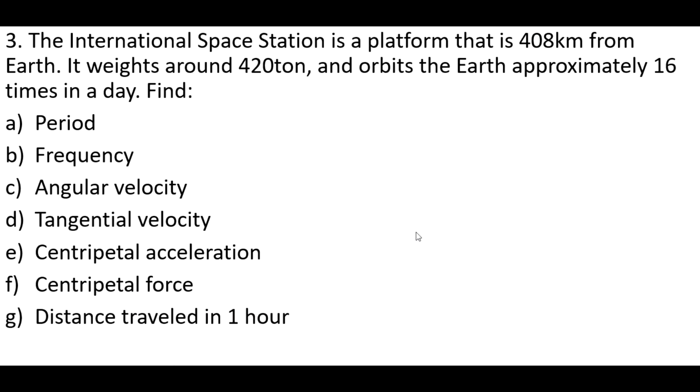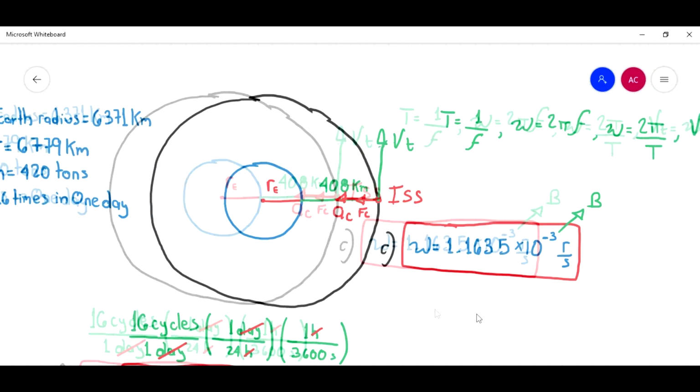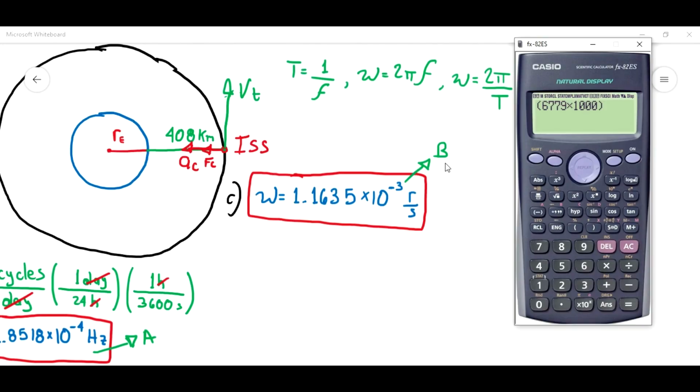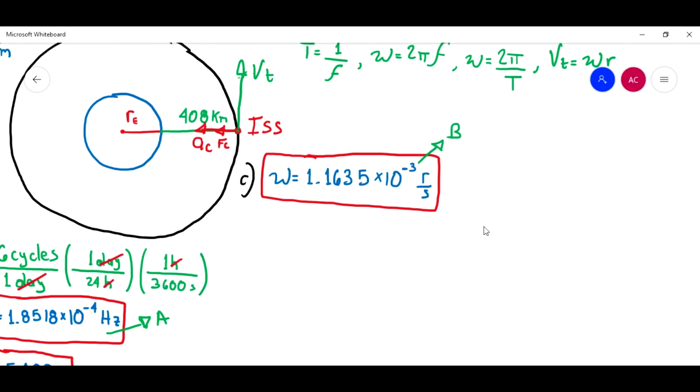So the radius, 6779 times 1000, because I need that number in meters, times the angular velocity, which is already saved in B. Alpha B equals, and that would be the tangential velocity of the International Space Station in meters per second.